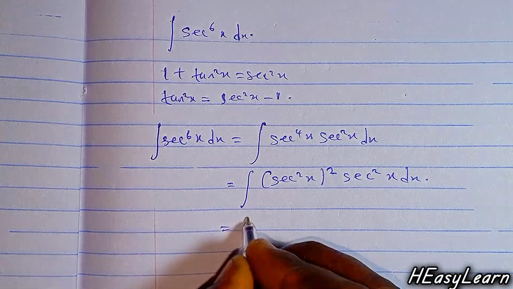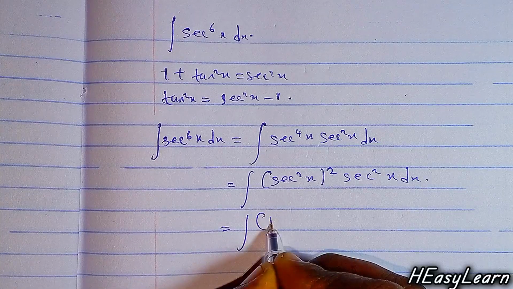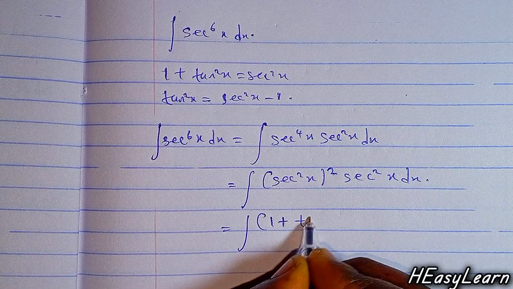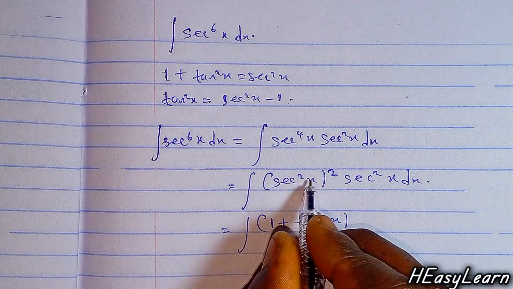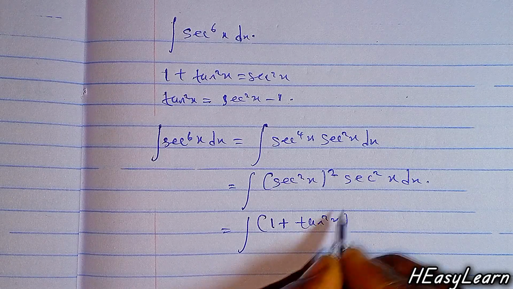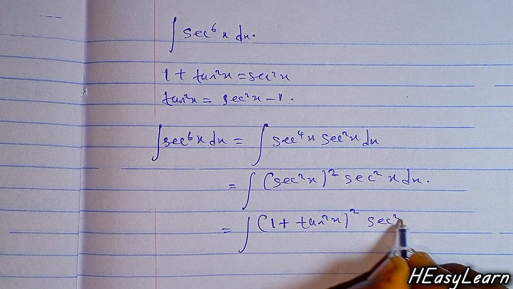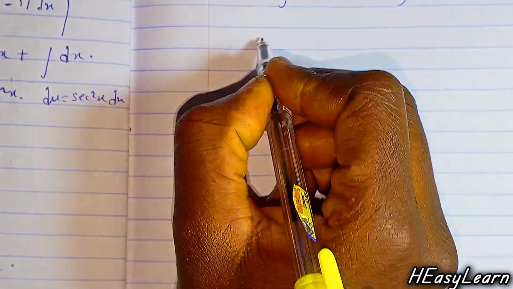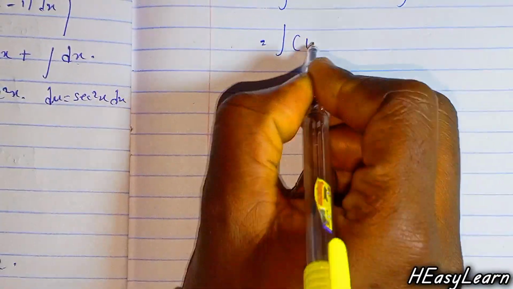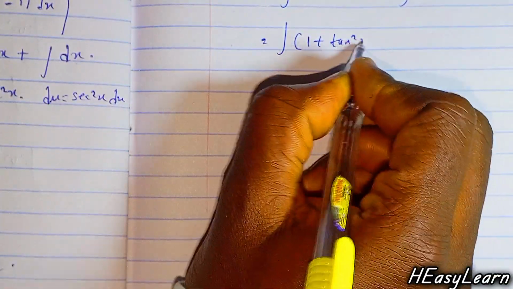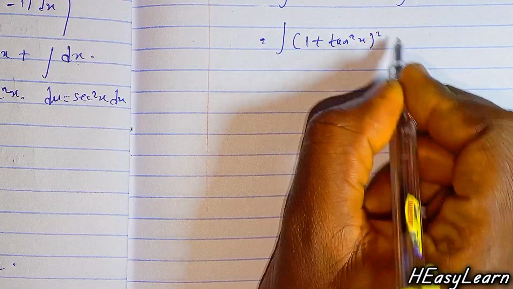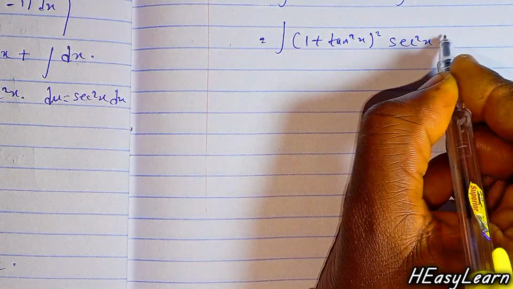What is sec square x? From above, sec square x is 1 plus tan square x. So we have the integral of 1 plus tan square x all squared times sec square x dx.